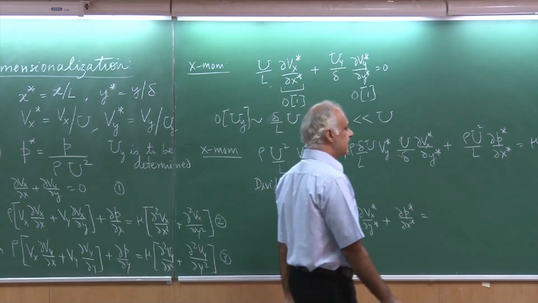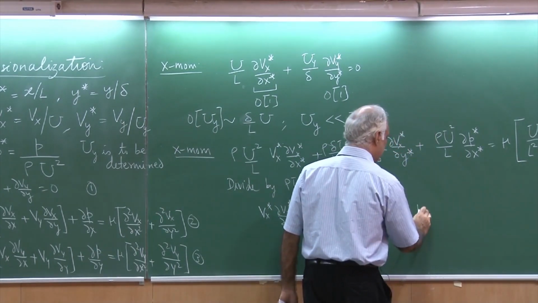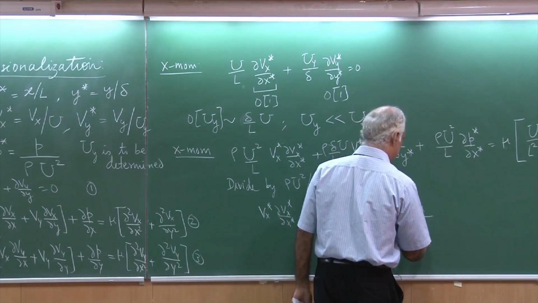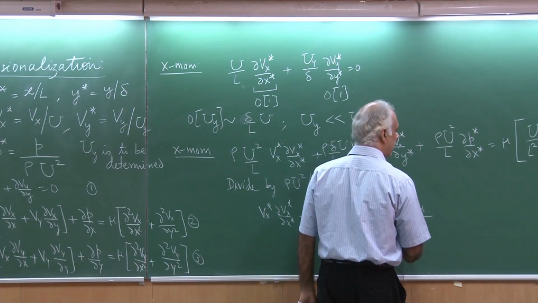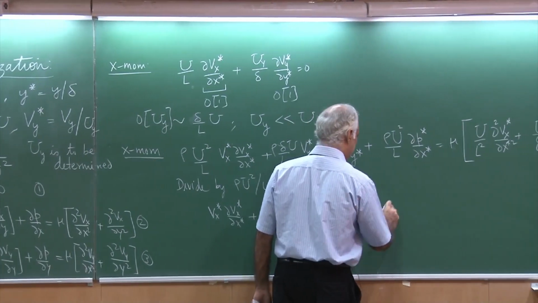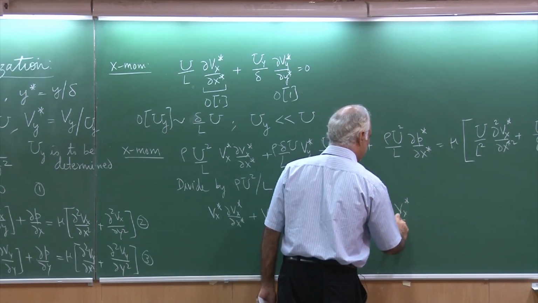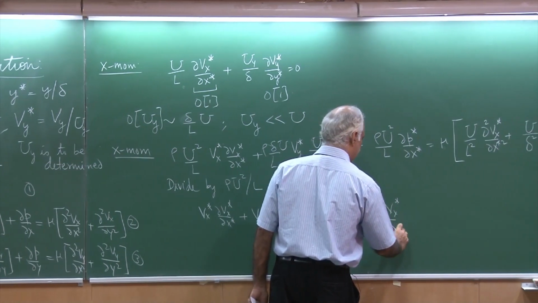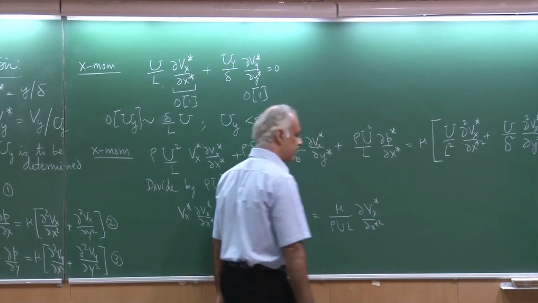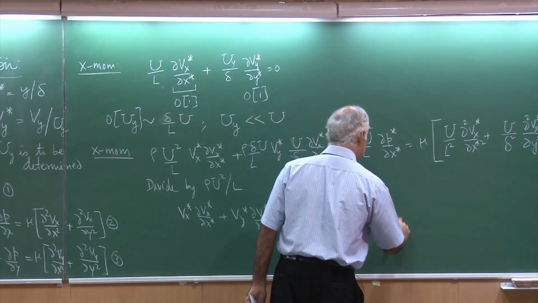And now I come to this term. So I will have the following. This would be mu divided by rho, and I am dividing by u square. So there is one u and then an L, and this would be del Vx star by del x star square. Okay. How about the next term?